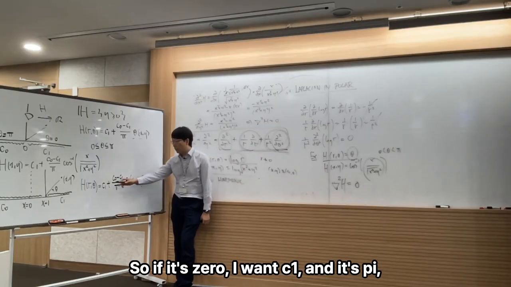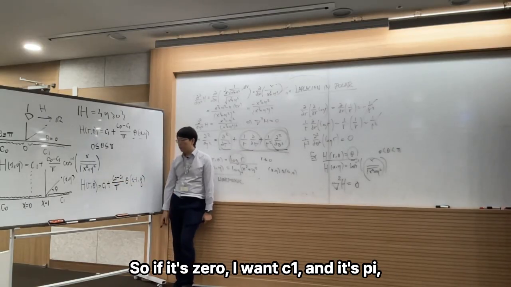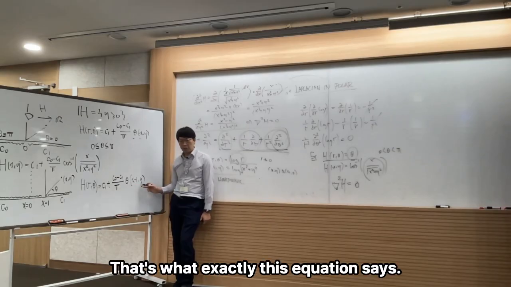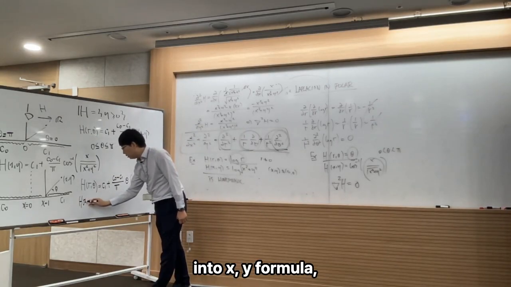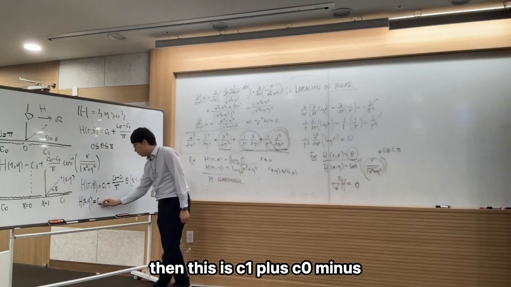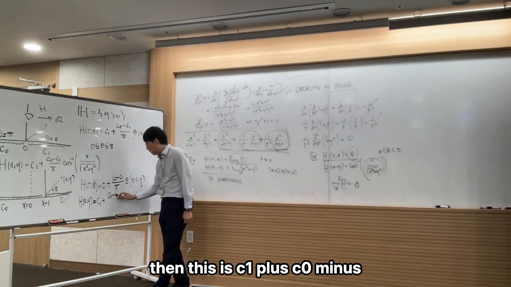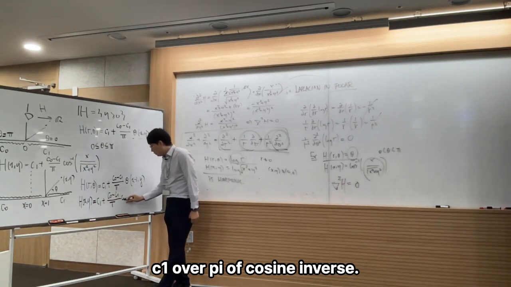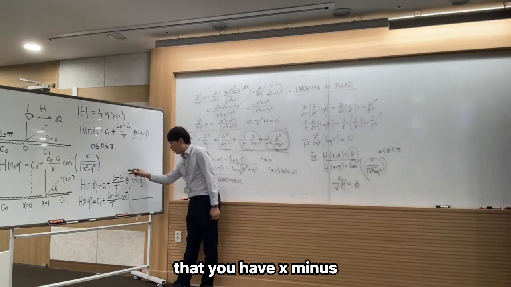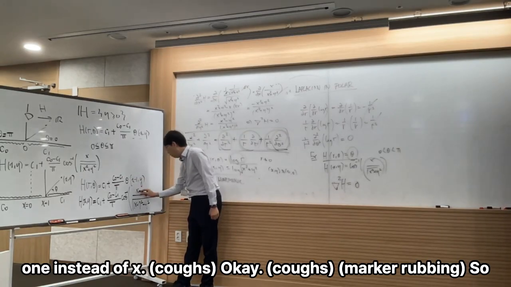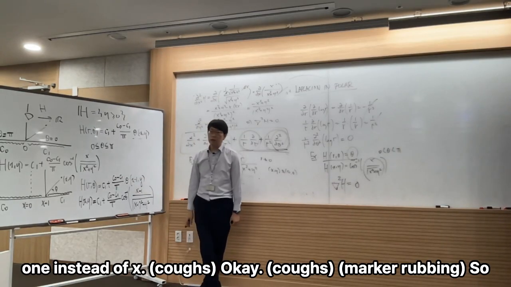If it's 0, I want C1, and if it's pi, then I want C0. That's exactly what this equation says. In xy form, this is C1 plus C0 minus C1 over pi of cosine inverse. The formula is the same thing, except that you have x minus 1 instead of x. Okay?